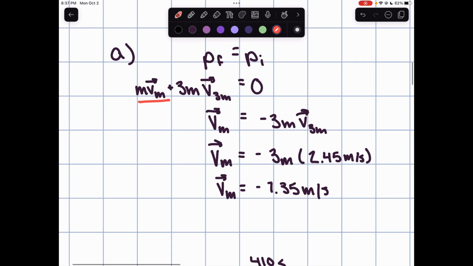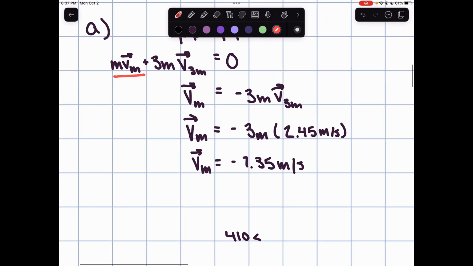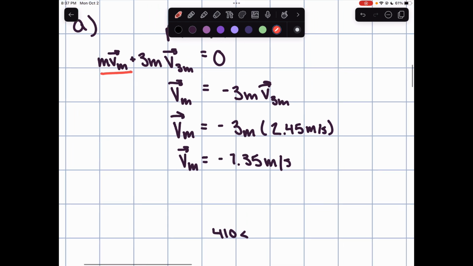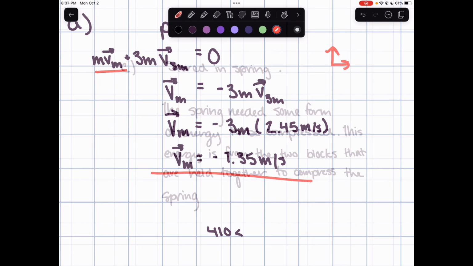Then we subtract to isolate v_m, and we get v_m equals negative 3 times the velocity of the mass 3m. Finally, we plug in our given numbers to get the velocity of m is about negative 7.35 meters per second. Remember, it's moving towards the left and we're calling right positive.